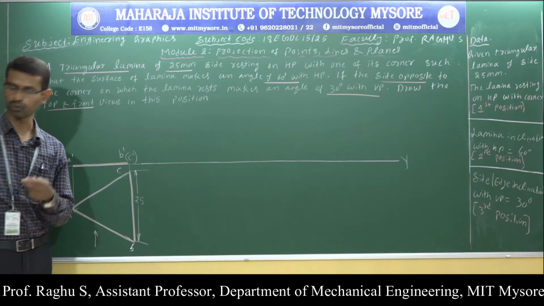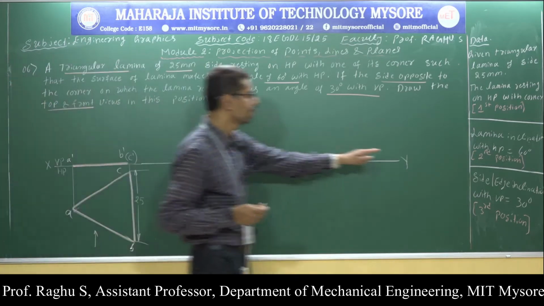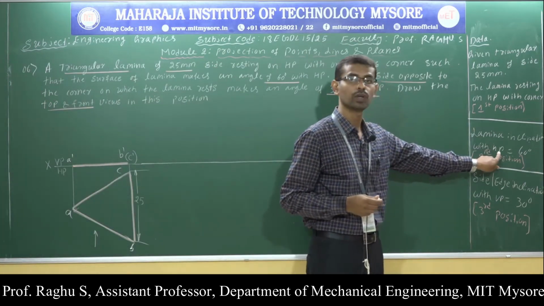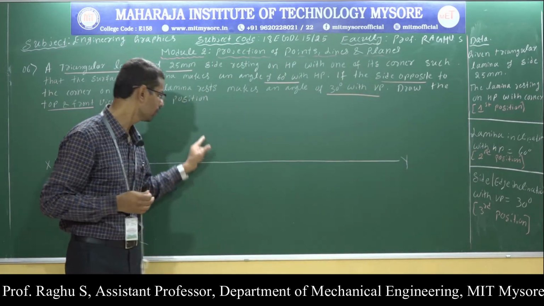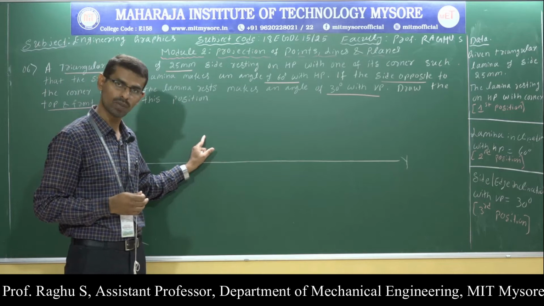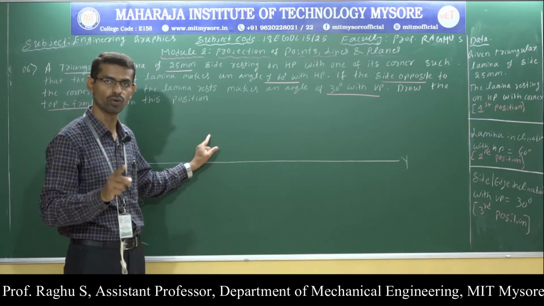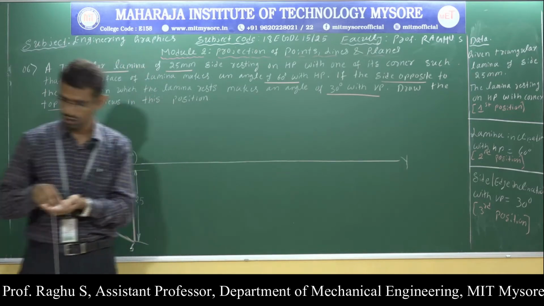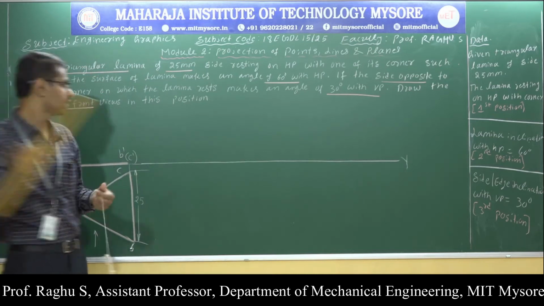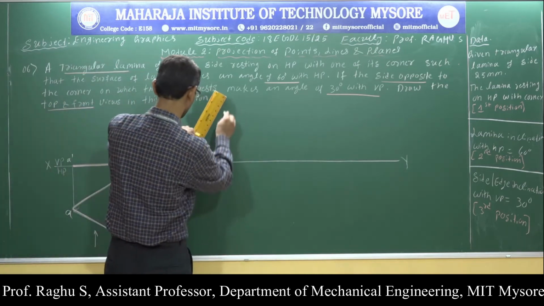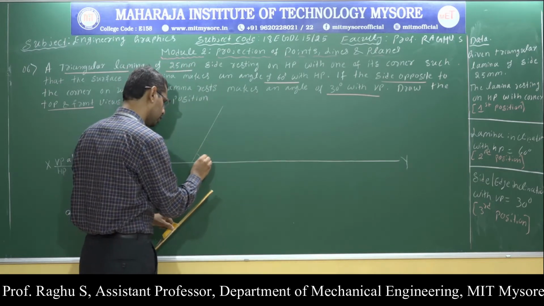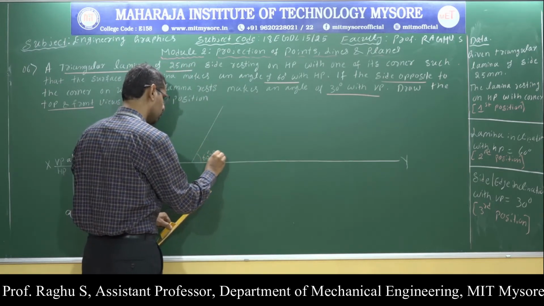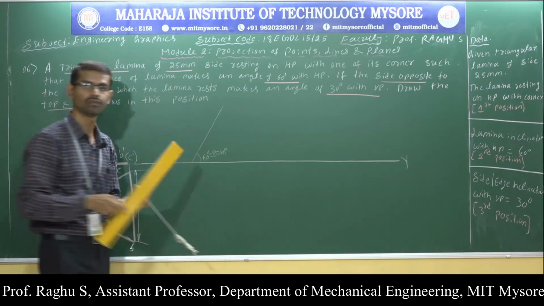Next, to draw the second position, I need the lamina's inclination with respect to HP. HP inclinations are visible in the front view, and the front view is drawn on the VP plane. Therefore, draw the front view with the 60-degree inclination. Take a 60-degree line with respect to HP at any point on the XY line.